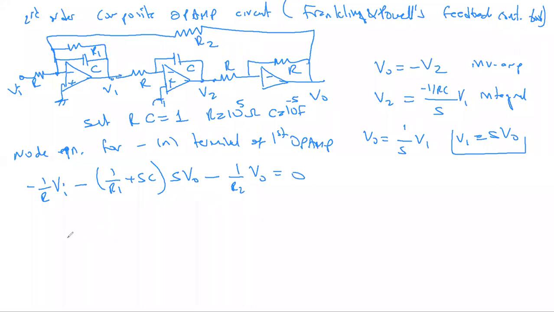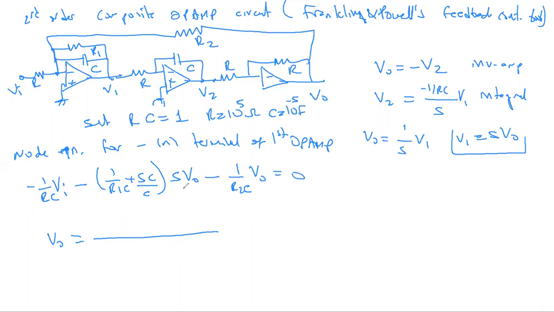All right, let's do these calculations. V0 is equal to, I have here multiplicity by s. This is the s square, the highest polynomial term. I'm going to make the coefficient of this s square term equal to 1 by dividing by C, R1C, RC, R2C. Okay, and 0 over C is equal to 0.